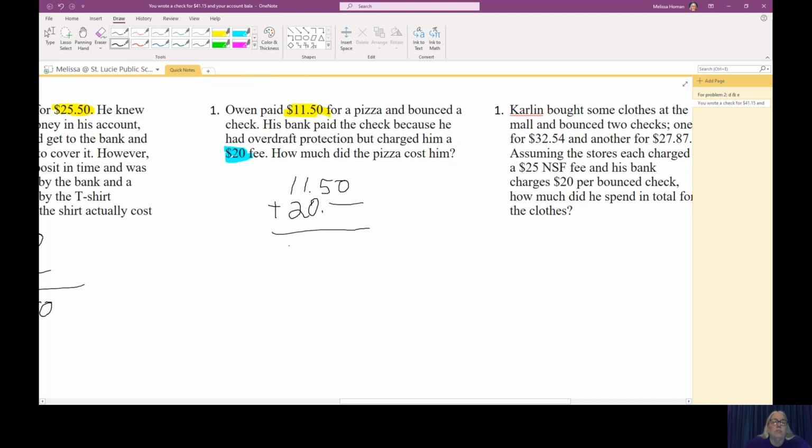So that $11.50 pizza costs Owen $31.50. This, by the way, is really close to 3 times the amount of a pizza. If you need to finish, pause the video. And I'm moving on.